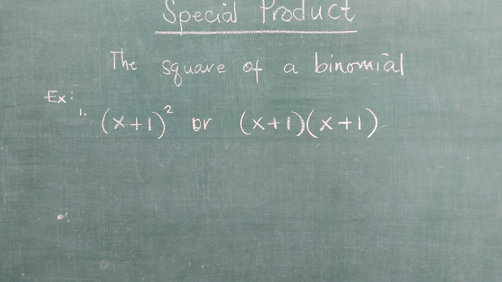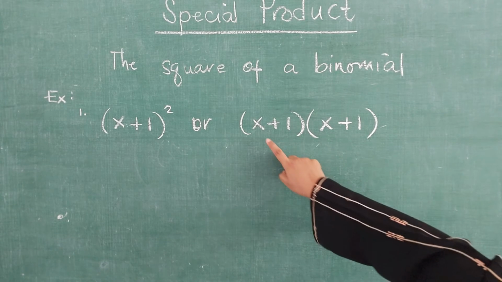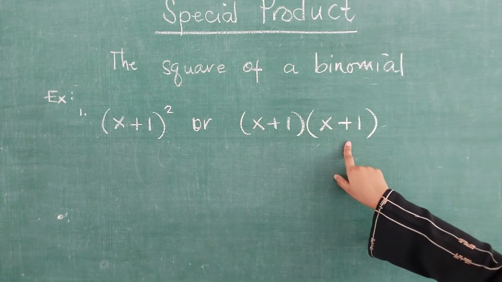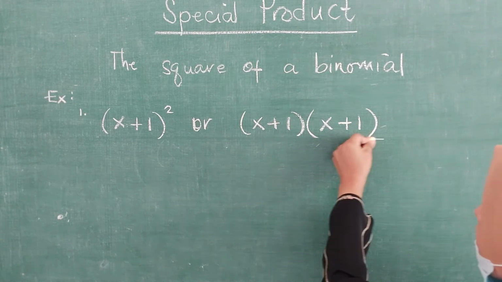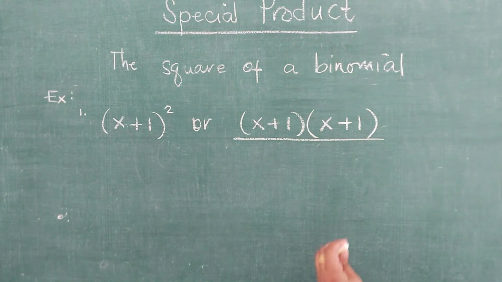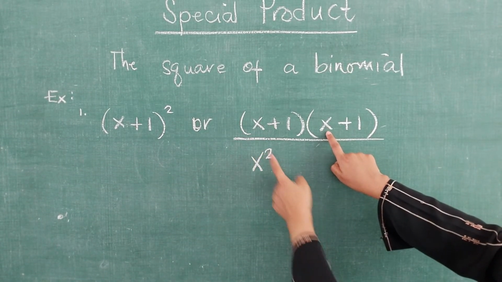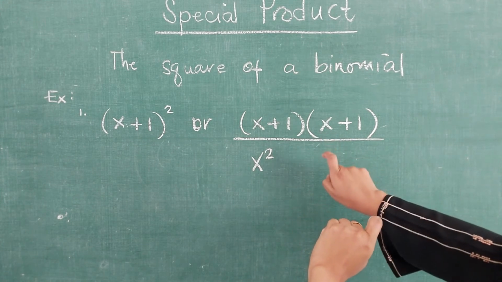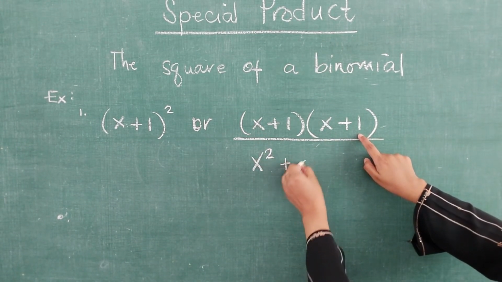So, kanina, ginamit natin is FOIL method for this kind of example, itong x plus 1 and x plus 1. So, again, gumamit ulit tayo ng FOIL method para dito. First, multiply the first term, x times x, x squared. Next, outer term, x times 1, x.